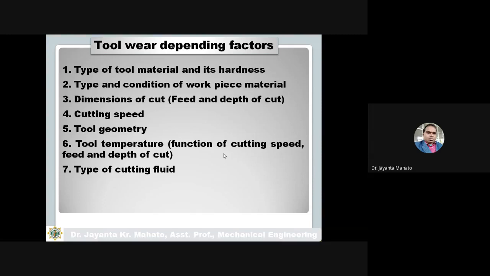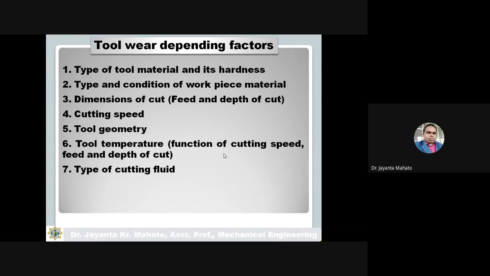Okay, tool temperature, function of cutting speed, feed, and depth of cut, means this tool temperature actually depends on cutting speed, means at how much cutting speed are you cutting the material. अगर cutting speed ज़्यादा होगा then obviously the tool temperature will increase.